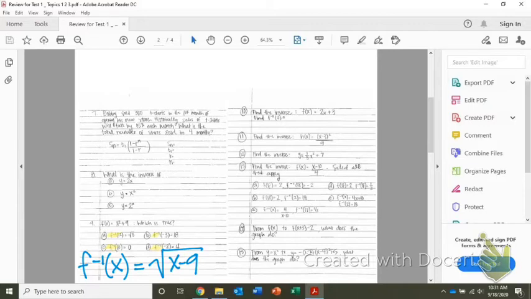And f inverse of -2 is 4. So what that means, those numbers in the parentheses, are your input values. Those are your x values. You see how right here in the parentheses is an x, and there's an x in my equation? Well, for the first one, we're going to need to plug in the number 12.